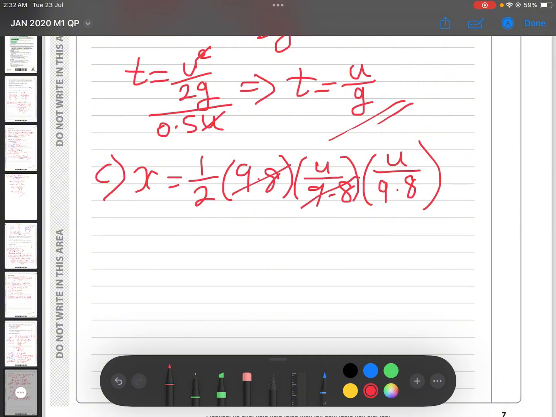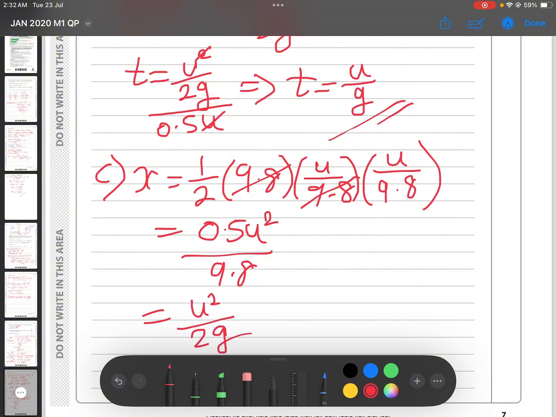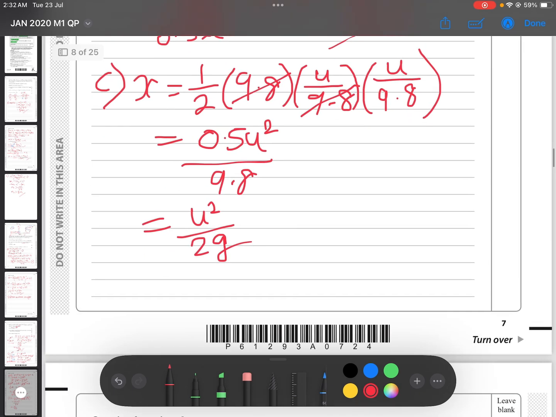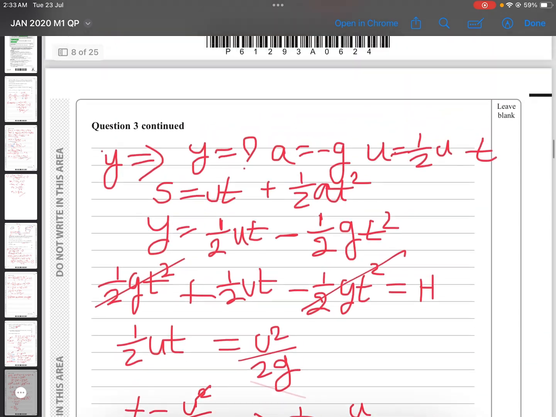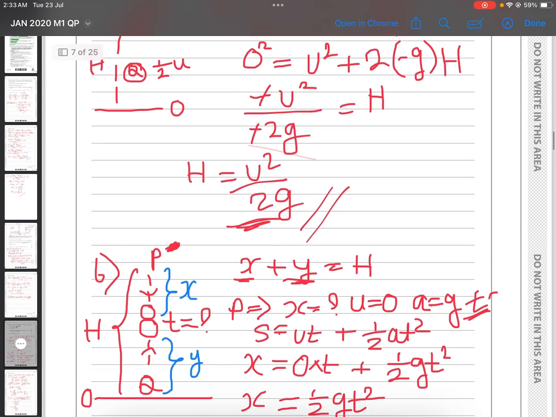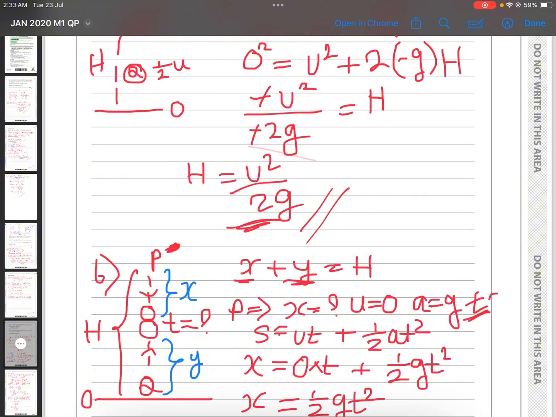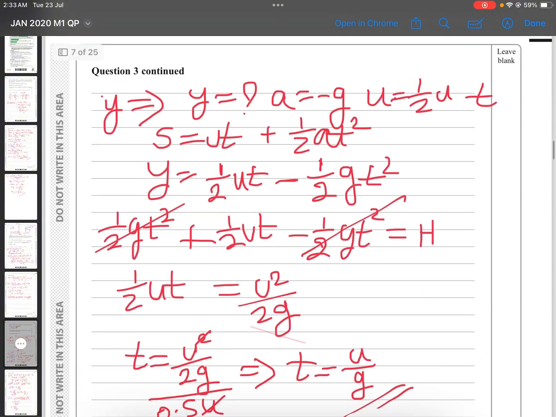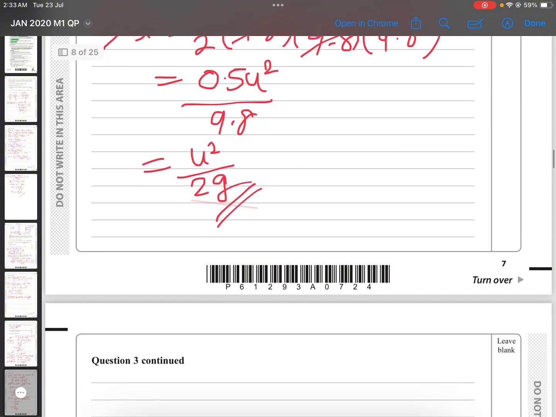We get 0.5 u squared over 9.8, which can be written as u squared over 2g. This is exactly the equation of h which we found in part A.